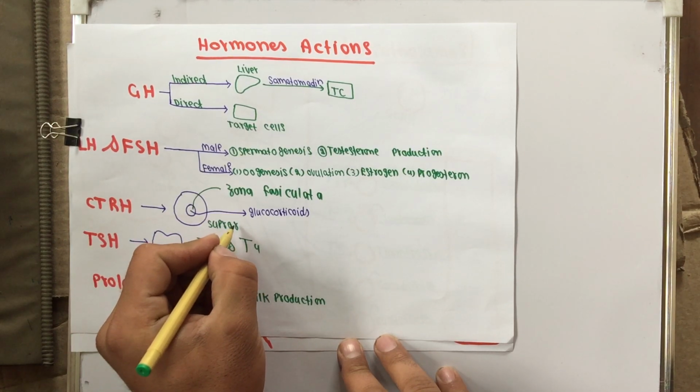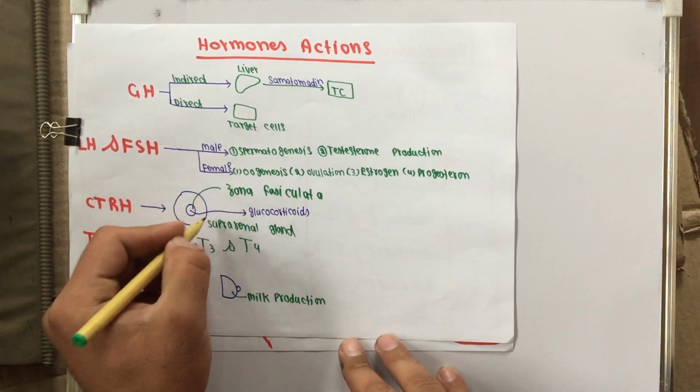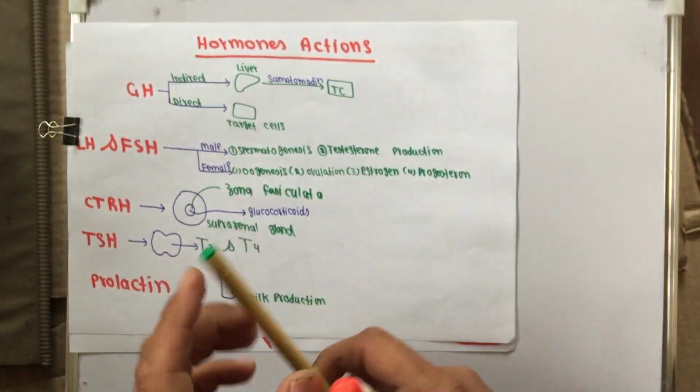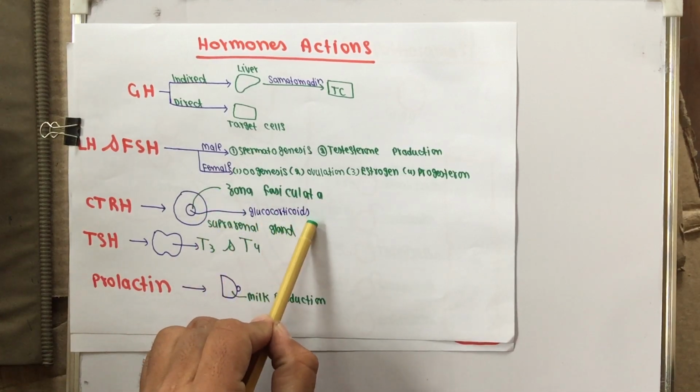This is the suprarenal gland, the gland that is located above the kidney. The suprarenal gland has this part called the zona fasciculata, and this produces glucocorticoids.